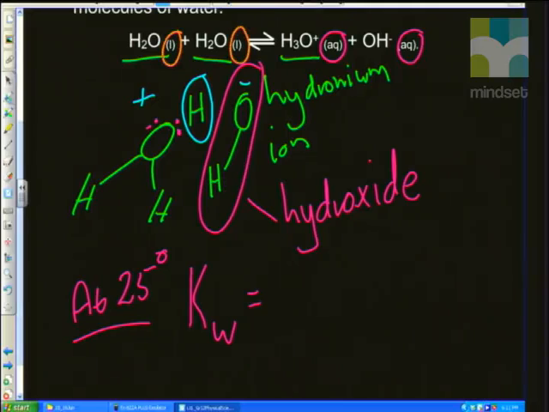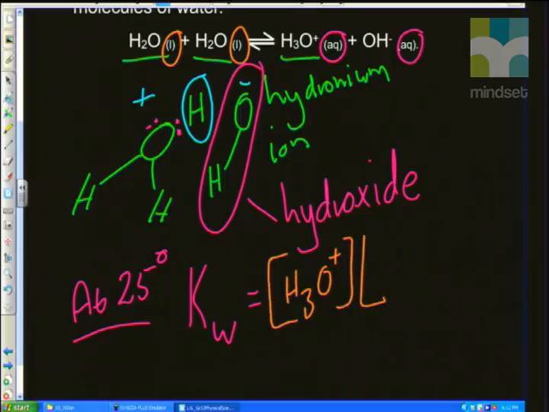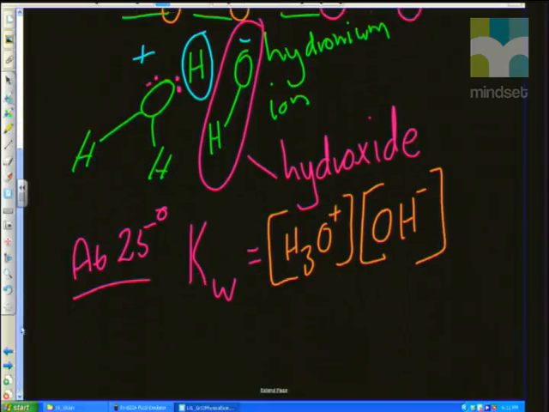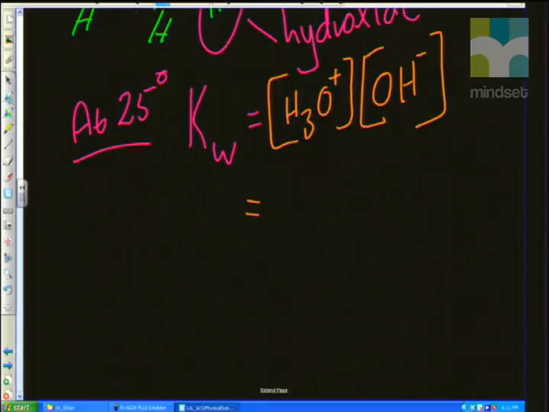So the Kw here is just simply written as the concentration of the hydronium ion times the concentration of the hydroxide ion. And what we need to understand is that at 25 degrees, we find experimentally that this is 1 times 10 to the minus 14.